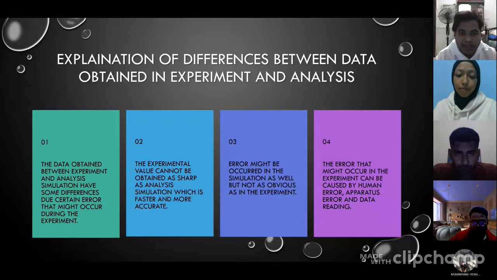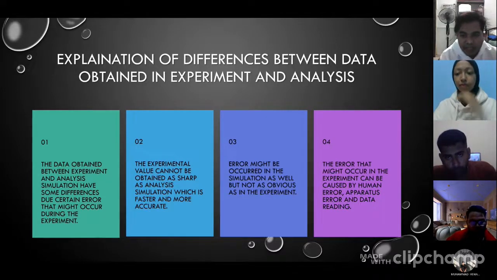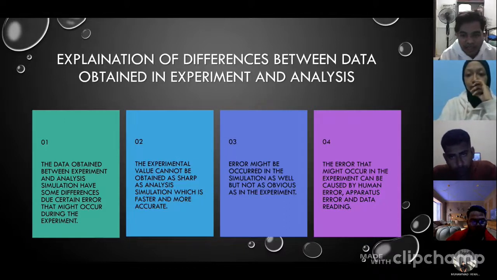Second, the experimental value cannot be obtained as sharp as the analysis simulation, which is faster and more accurate. Third, error might occur in the simulation as well, but not as obvious as in the experiment. The errors in the experiment can be caused by human error, apparatus error, and data reading.